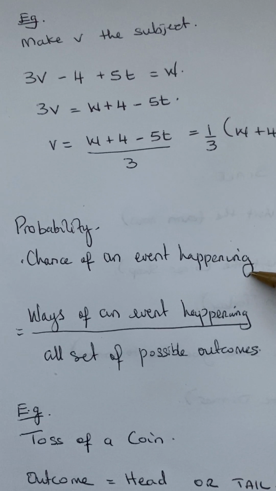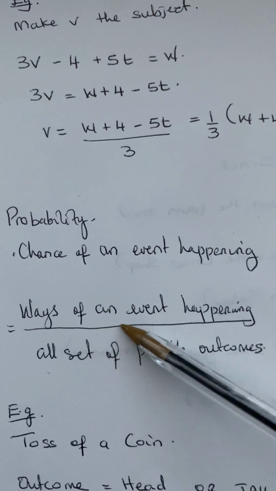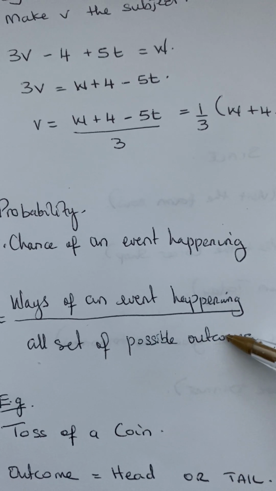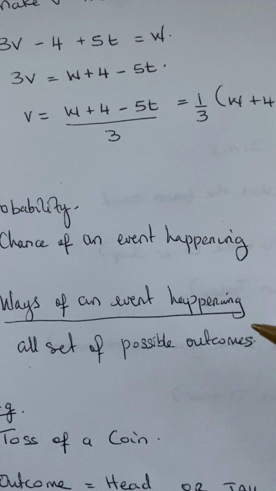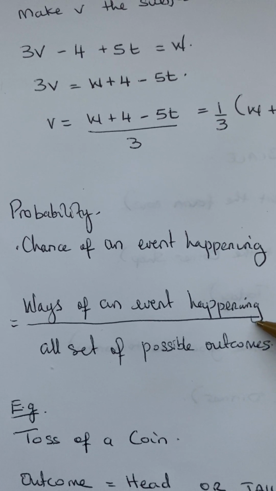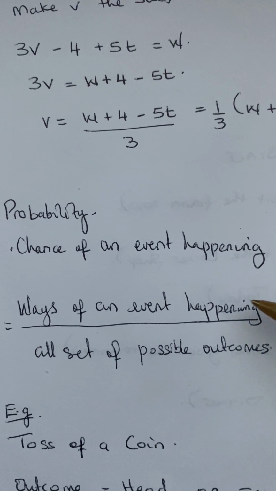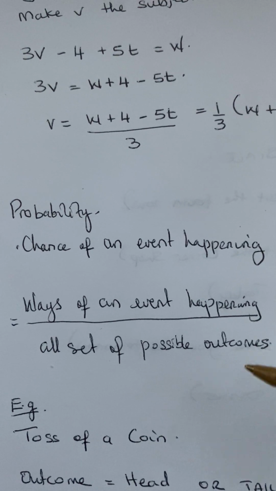Normally it's the ways of an event happening over all the possible outcomes. I did this before, so if you don't understand, you can go to one of the videos where we've done some probability work.